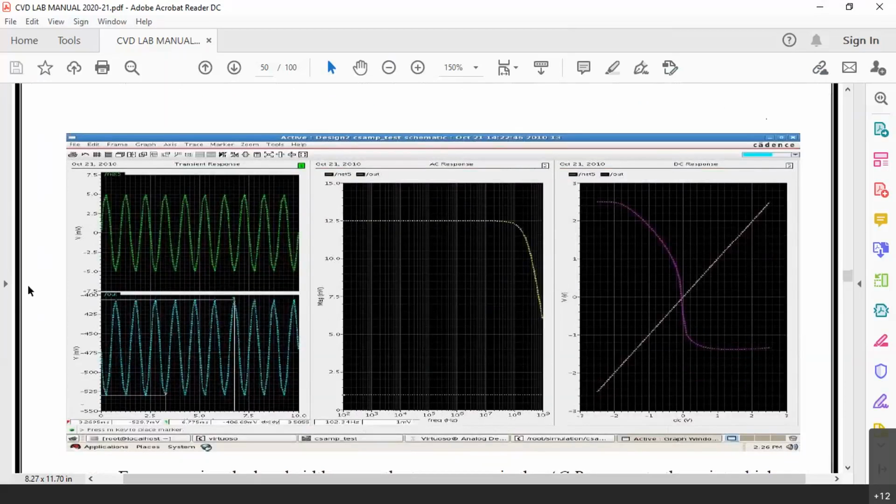Otherwise, lab class can be completed within half an hour, 45 minutes, right? Why should we have this much of lengthy discussion for one small circuit diagram? That is what some of my other colleagues also think. They think, why we should give this much of lengthy explanation for a small 2-transistor circuit? We have to finish it within half an hour or 1 hour.